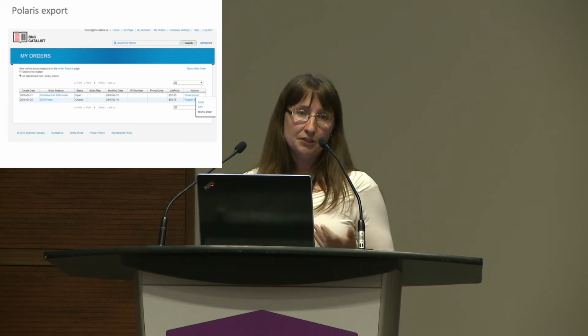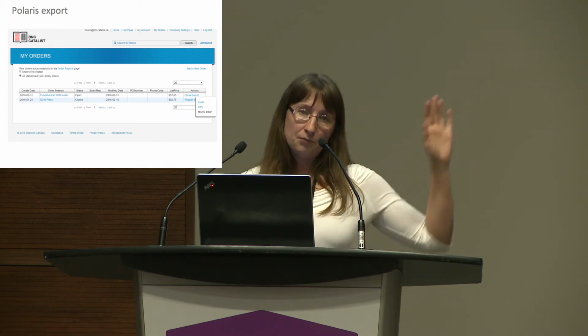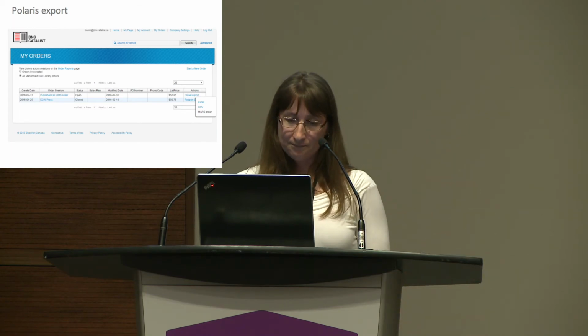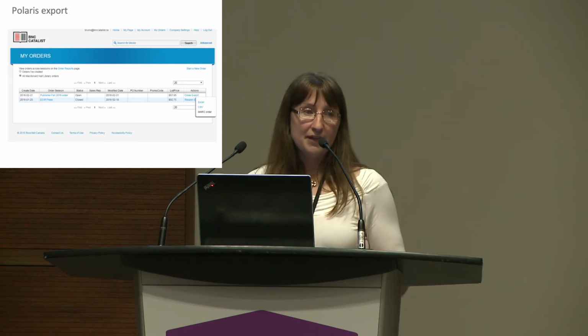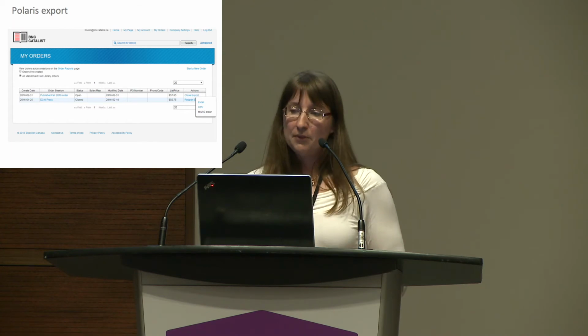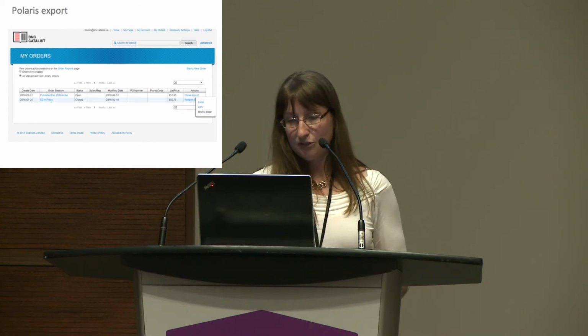So you can optionally now choose to export the order quantities, which includes the branch fund codes and the branch IDs from the work that we did in the previous year. So anyone can actually pull this order export. Any of the libraries can pull the order export, but it is structured to meet the Polaris ILS specification.